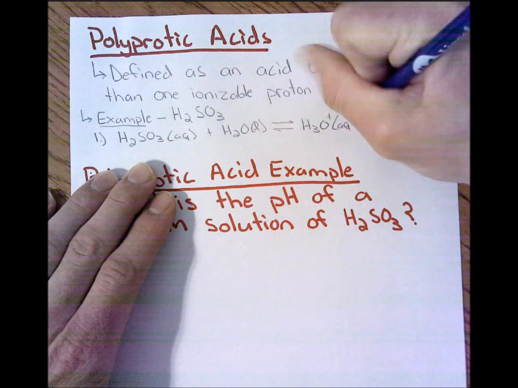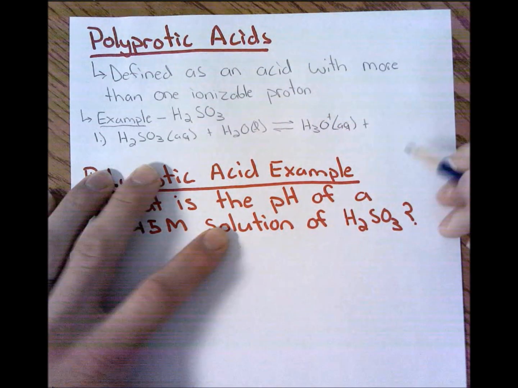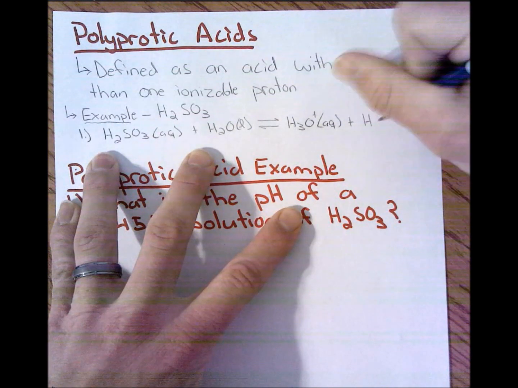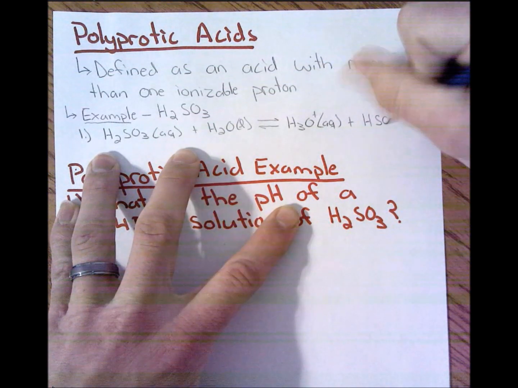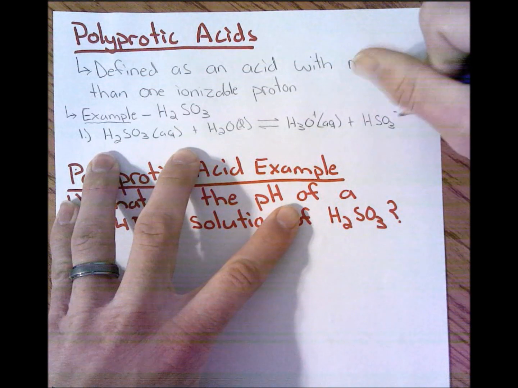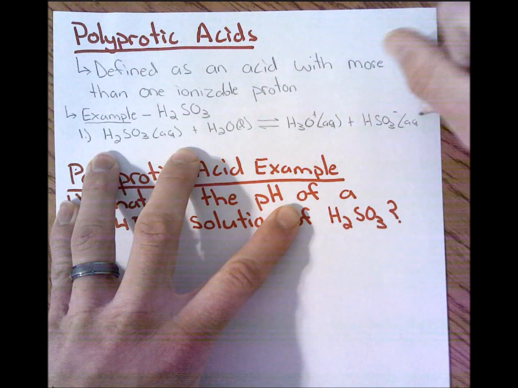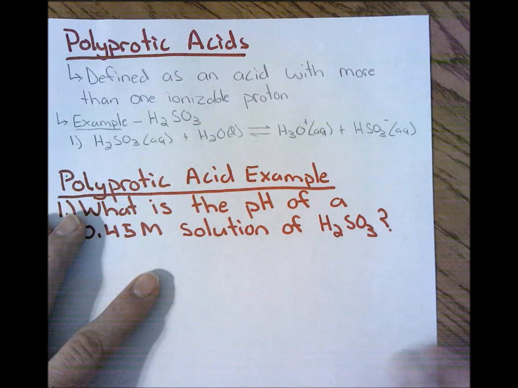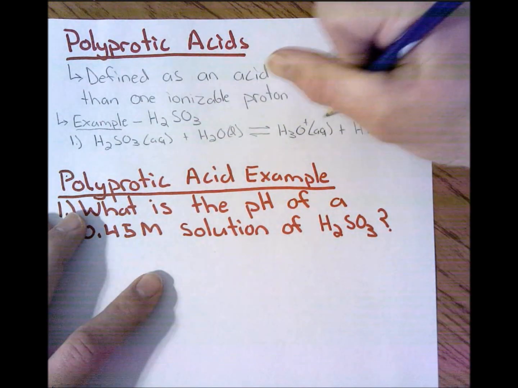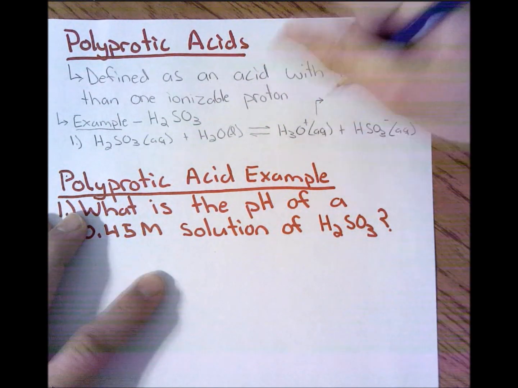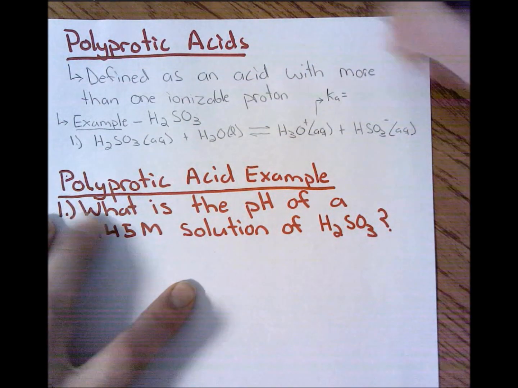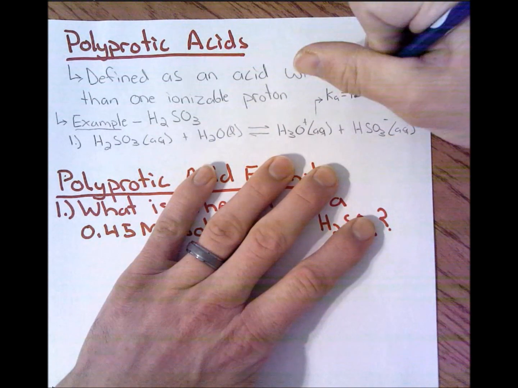I'm running out of room here, so the Ka for this first one is 1.7 times 10 to the negative 2, and again, there is no unit on Ka there.